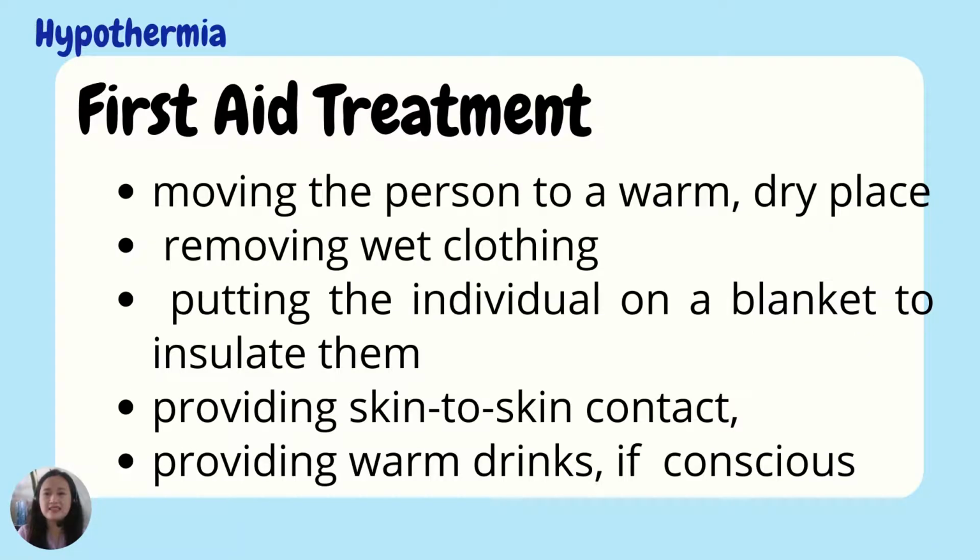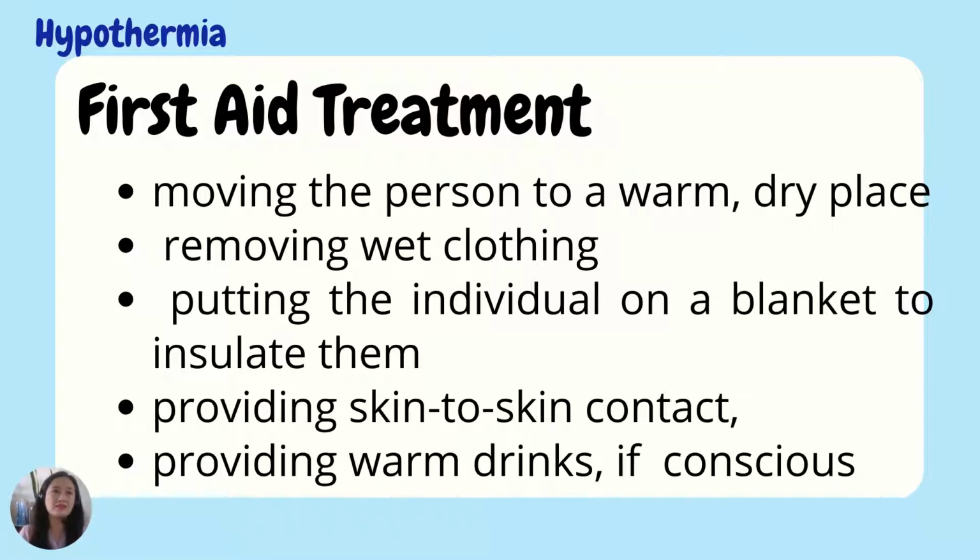And the last is the first aid treatment. So if someone is already experiencing hypothermia, then you definitely have to move the person to a warm or dry place. Then you have to remove the wet clothing. You can also insulate them using a blanket.